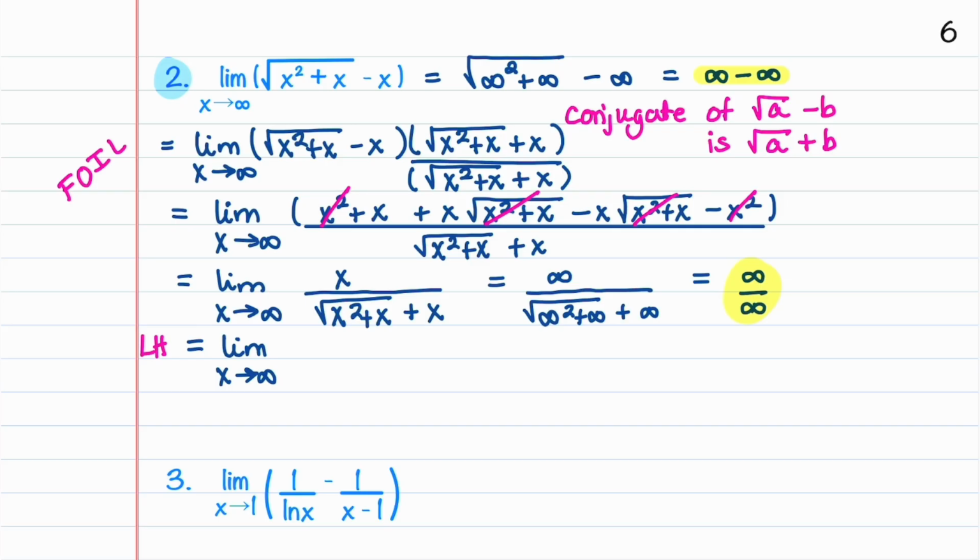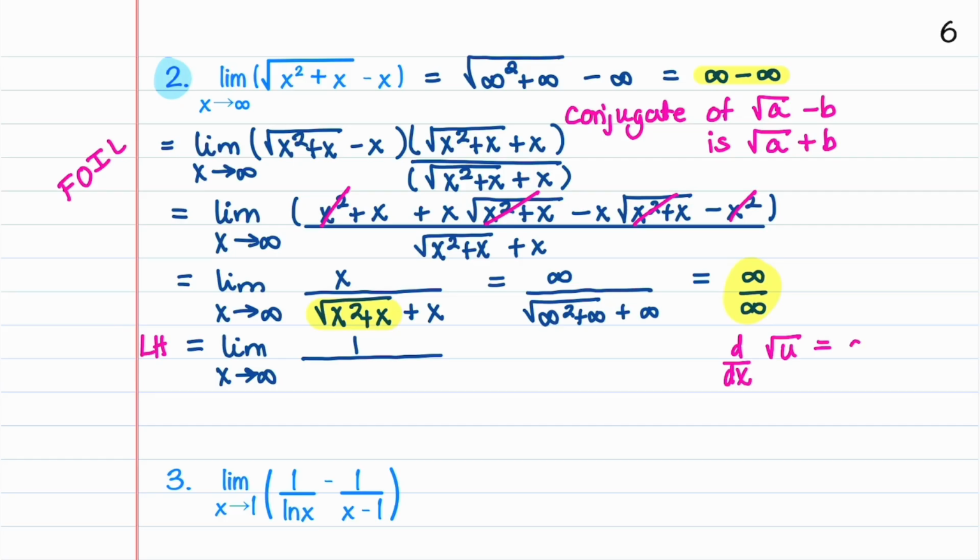The derivative of x is 1. Now we have to take the derivative of this term right here. That derivative is a little bit complicated. I think it's easier if we write down over here on the right the derivative of the square root of u.